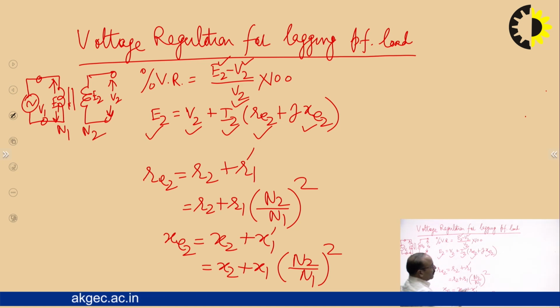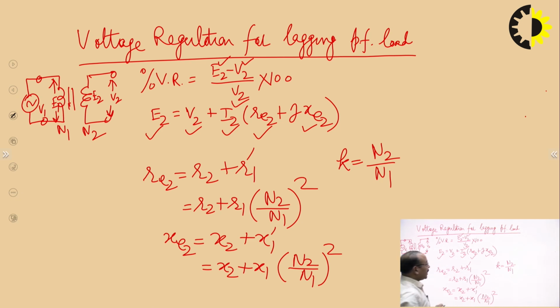N2 upon N1 is also known as the transformation ratio of a transformer, which is represented by small k. It is given by N2 upon N1. So, that is the method for finding RE2 and XE2.